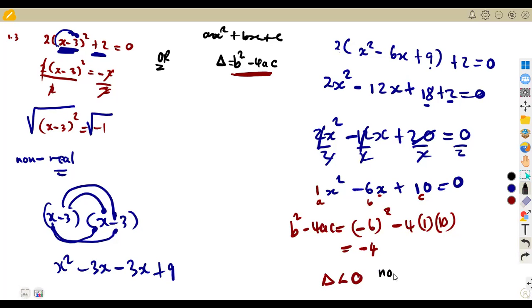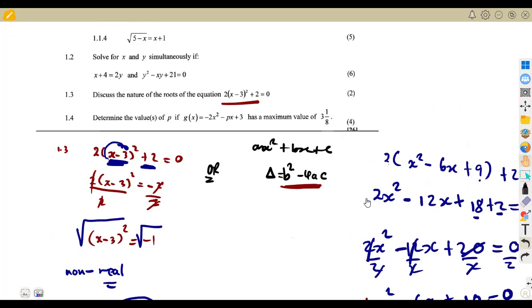So these are simply non-real roots. They do not exist. We talk about negative numbers. Those are the ones that we are going to have there. When it is less than 0, it means we are talking about a negative number, and you can't determine the square root of a negative number. All right. So that is the idea there.